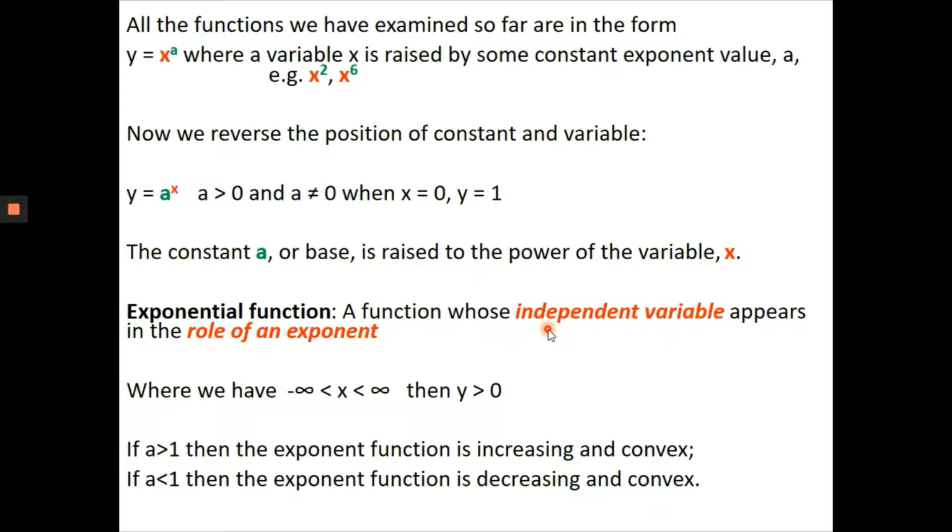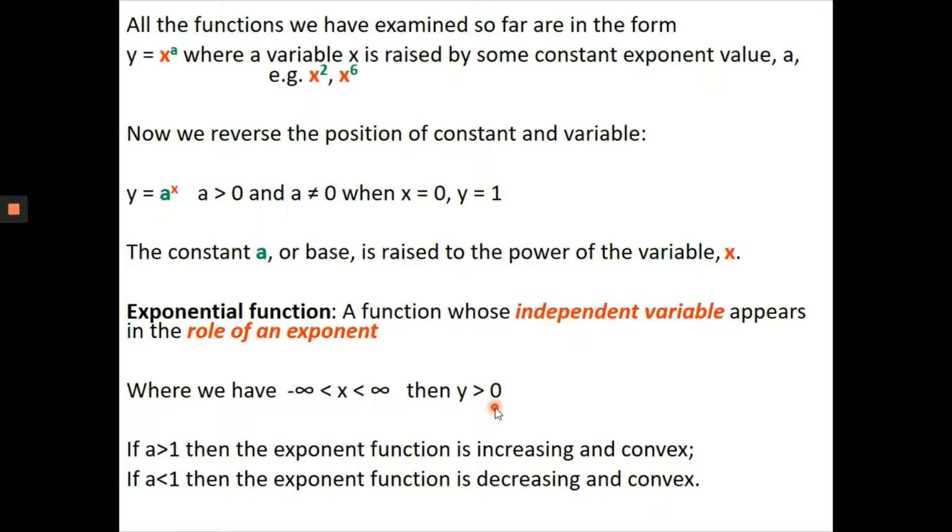Now, the value of x can be any real number. So it can be greater than negative infinity and less than positive infinity. And when we have these restrictions on the value of a and the value of x, what we will see is y is always going to be positive. It's always going to be greater than 0.